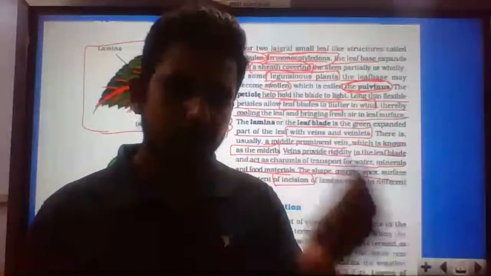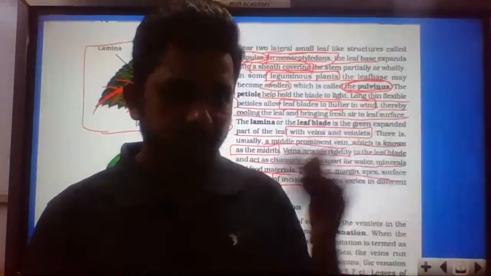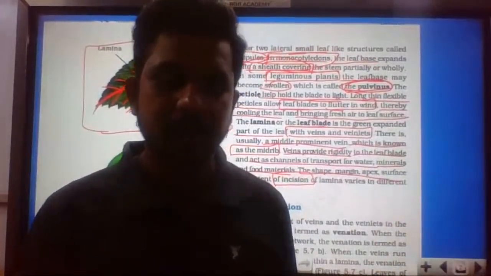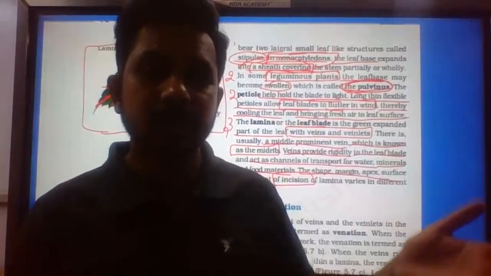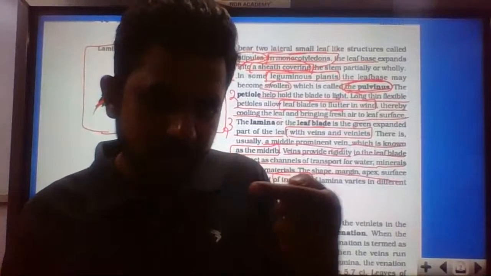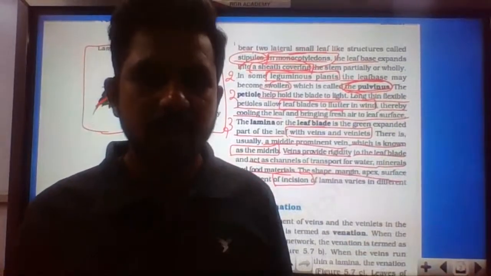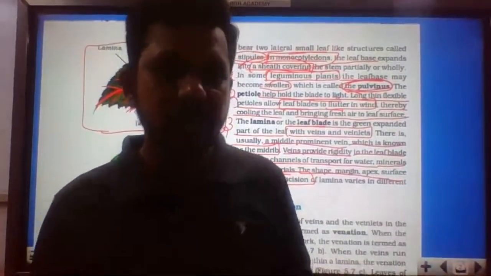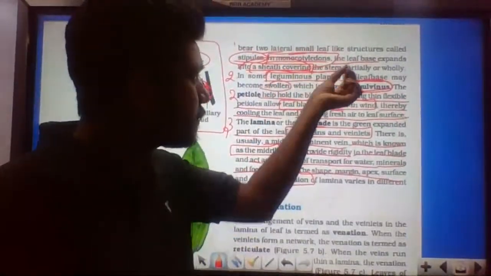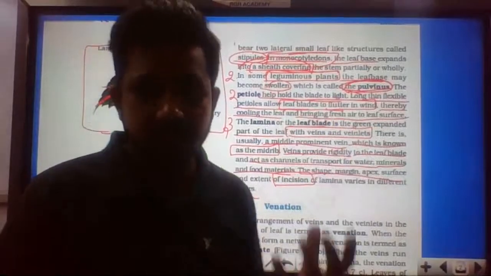நம்ம இப்படி ஒரு question expect பண்ணலாம். Which of the following is not a characteristic feature of a dicotyledon plant? What are all the characteristic features of dicotyledon plants? In this segment we have only one characteristic feature, that is venation, but we have different characteristic features. But now see, we also discussed that in monocotyledon plants the leaf base is sheath covered.